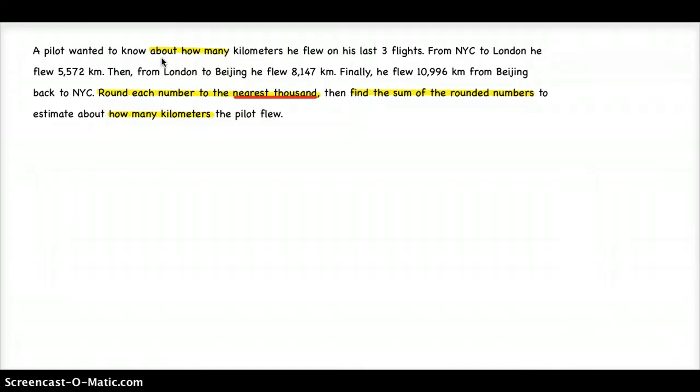The next thing we look at is round each number, and it tells us exactly where to round to: the nearest thousand, just like we've been practicing. But no, we're not done yet. After we do all of our rounding, we need to find the sum of the rounded numbers to find out how many kilometers the pilot flew.